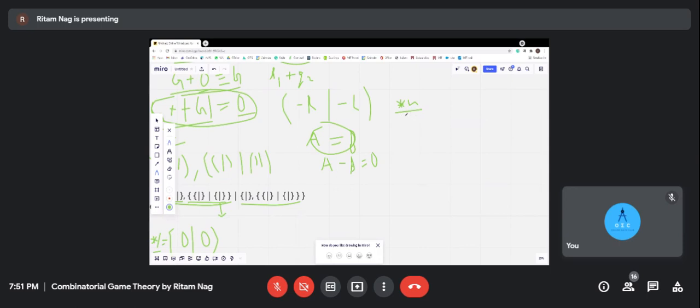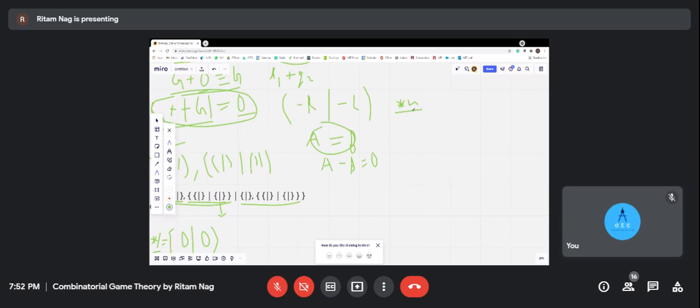I could not hear anything after that. No, so for any impartial game, there is an n such that that impartial game is equivalent to star n. So these star n's constitute all impartial games. Every impartial game is equivalent to a game of this form. Every finite impartial game. We are only talking about finite games now.